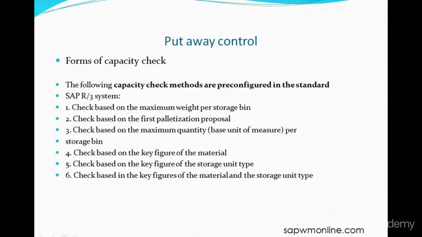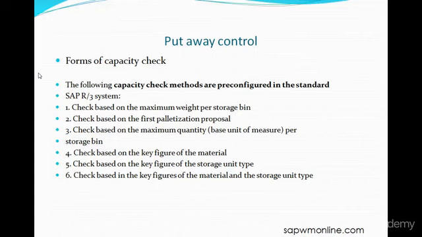So let us see what kind of capacity checks we can have or implement as per our needs. The following capacity check methods are pre-configured in a standard SAP R/3 system. The capacity check based on maximum weight per storage bin, check based on the first palletization proposal, check based on the maximum quantity, that is in the base unit of measure, per storage bin.